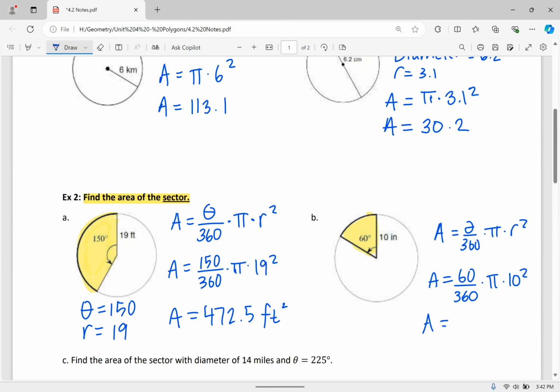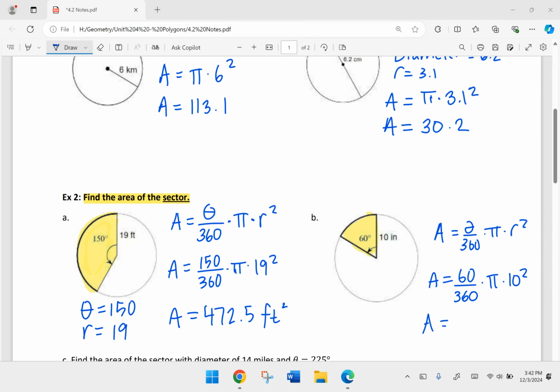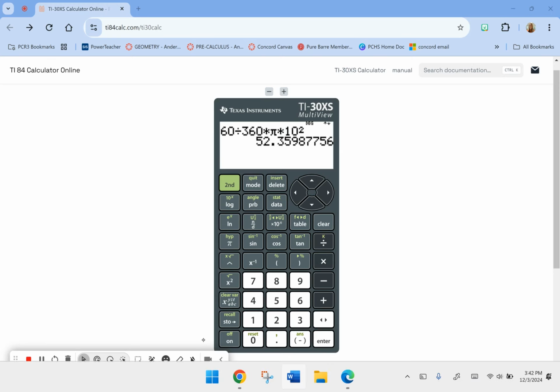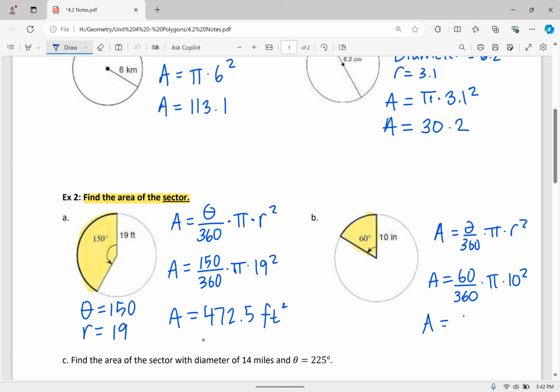We're going to type that right into our calculator. We'll go 60 divided by 360 times pi times 10 squared. 52, rounded to the first decimal place, is 4. And that is inches squared.